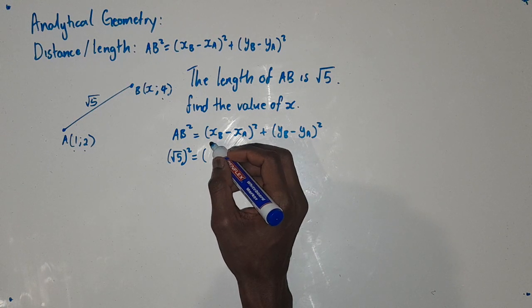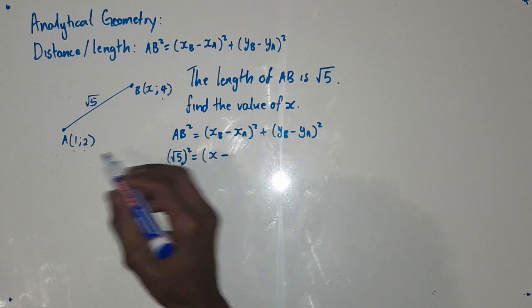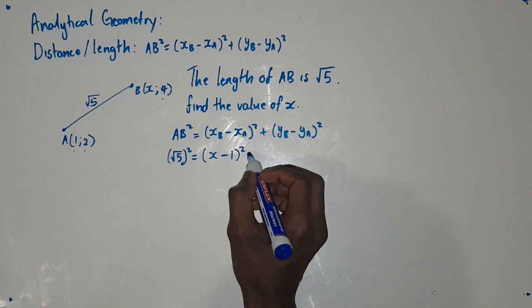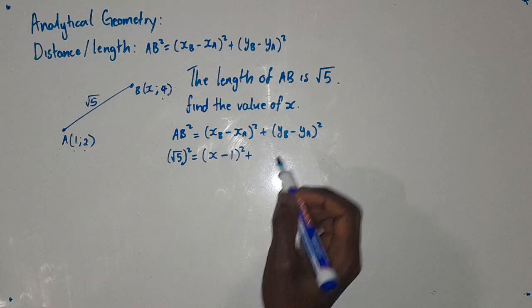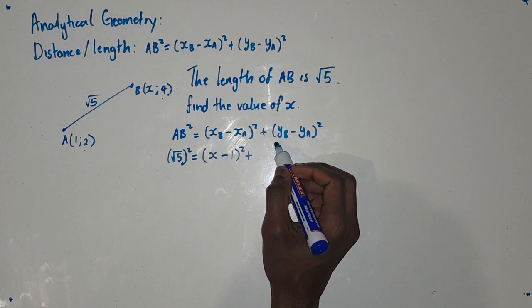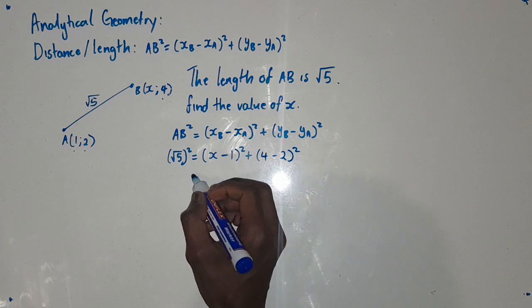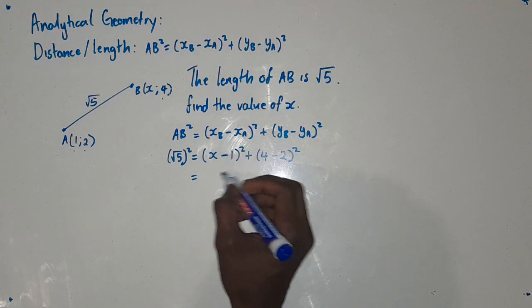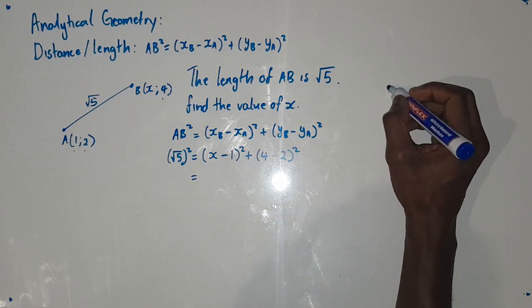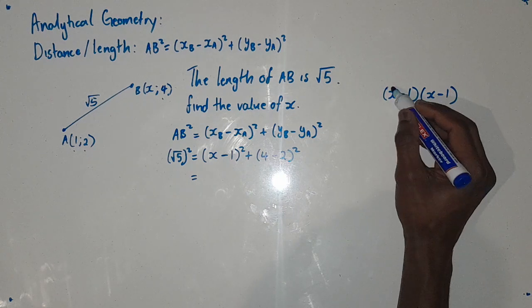For x of B, we have x, for A we have 1, squared, plus, for the y values, 4 minus 2, all squared. Then if we solve for this, we're going to get something like this.